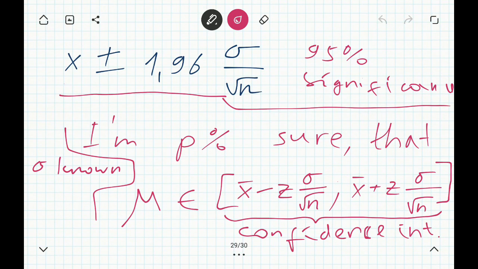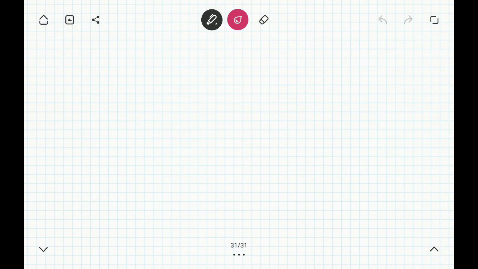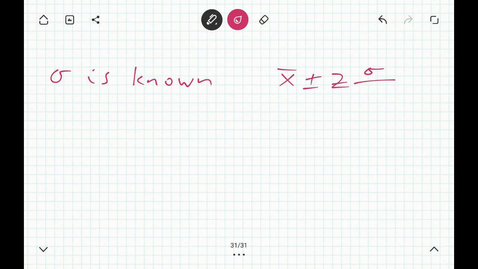Let me just repeat that. If you know the population standard deviation, you use sample mean plus or minus z times standard deviation over square root of sample size.